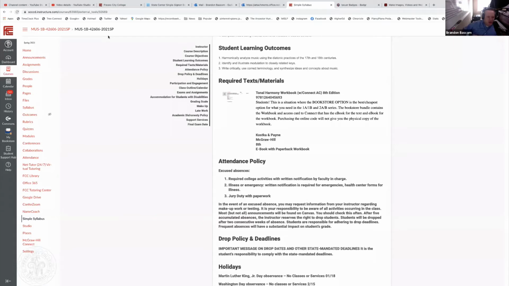If you bought the textbook for Theory 1, like most of you did, your theory book access is good for something like, I want to say, 10 semesters. So you should be able to log in the same way that you did last time. It's the same ebook online. We're going to just continue on with the workbook that you have as a paper copy.